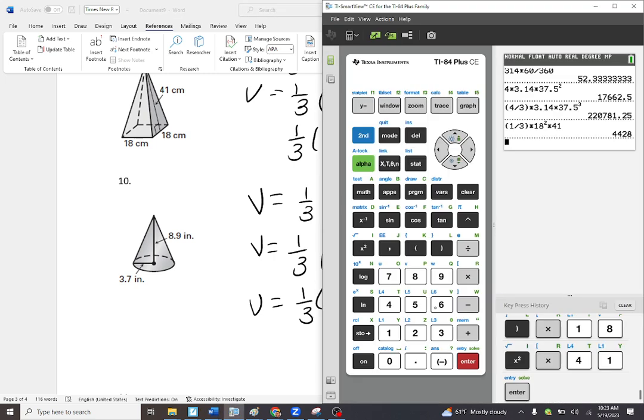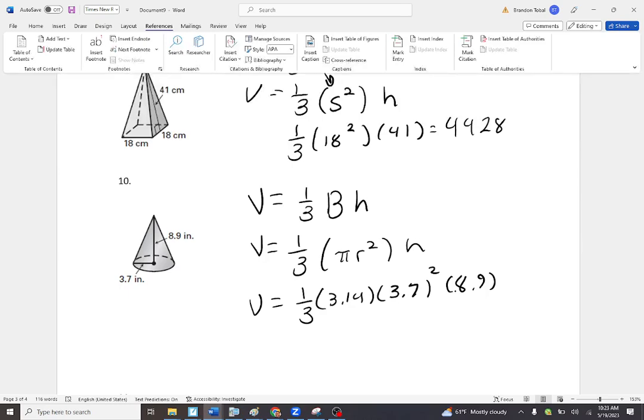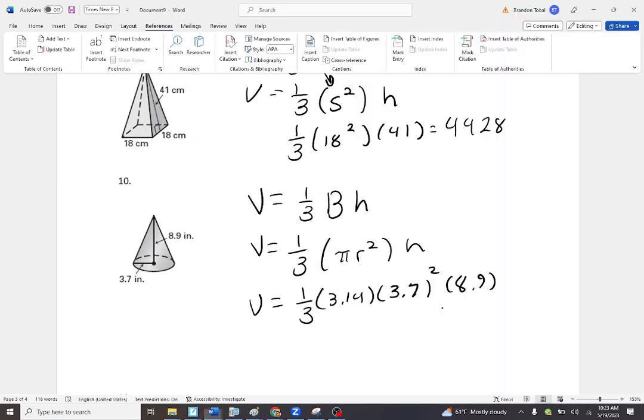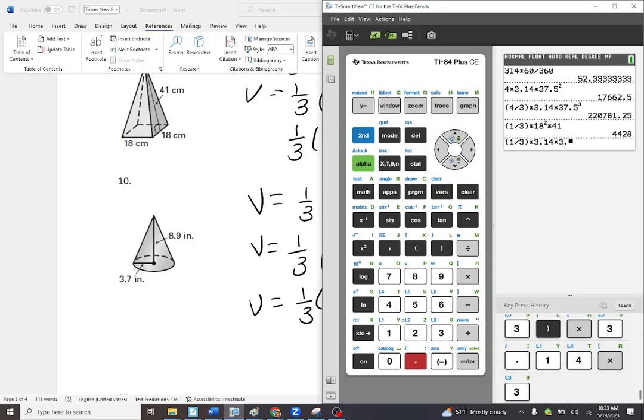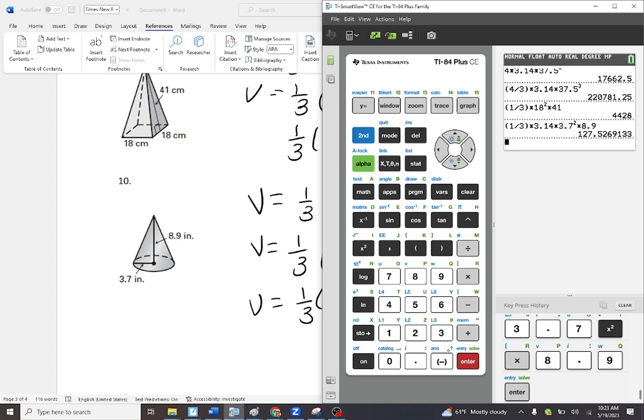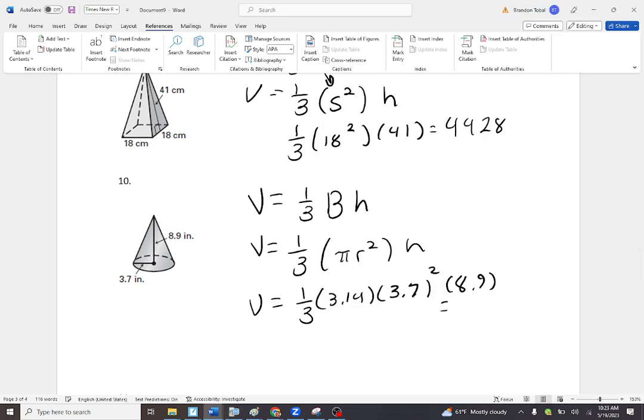Which means I take that and put it in my calculator. 1 divided by 3 times 3.14 times 3.7 squared times 8.9. 127.5.